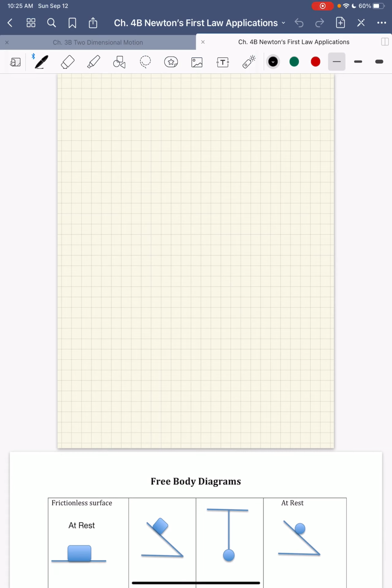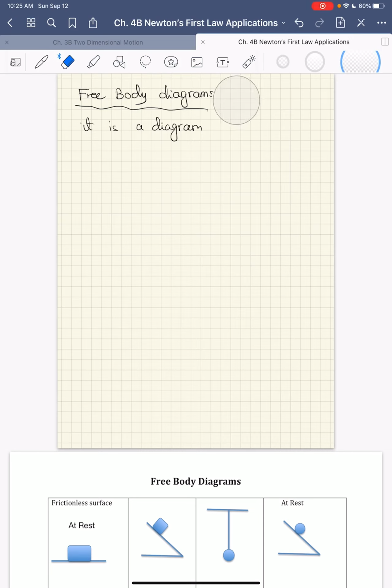Okay, then I will say here what really are free body diagrams. It is a diagram, or free body diagram, only one.